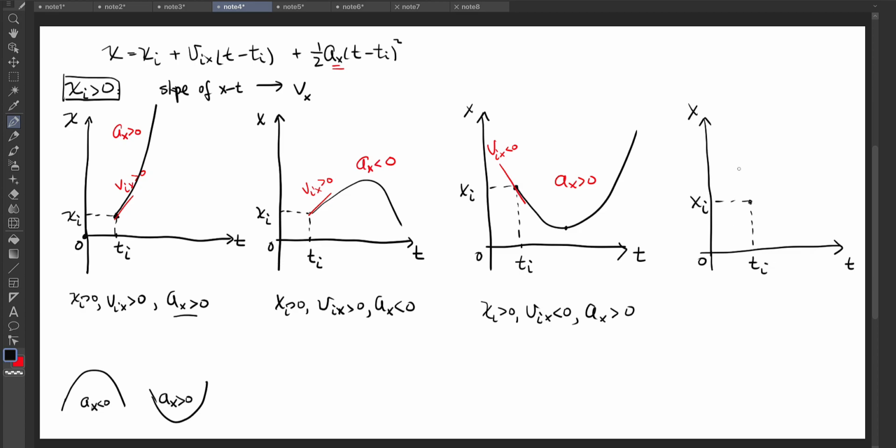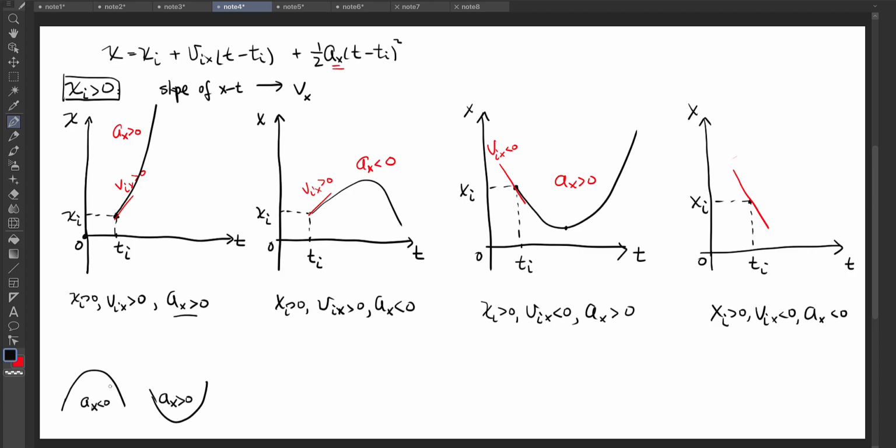The curve needs to go through this point, and then Vix is negative, meaning we need to satisfy this kind of curve, this kind of slope at the beginning. Okay. All right. So now, because ax is negative, we have to have a curve that looks like this, right?